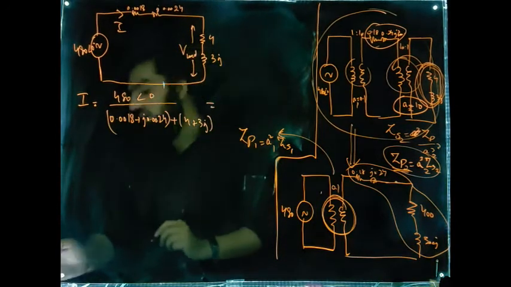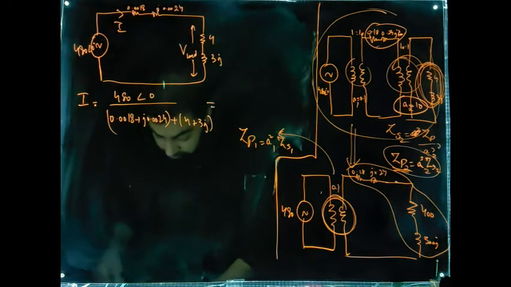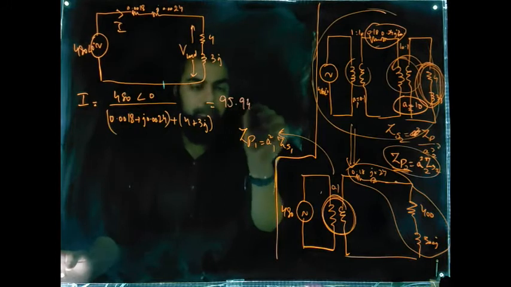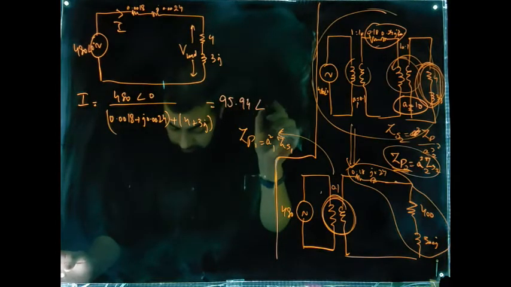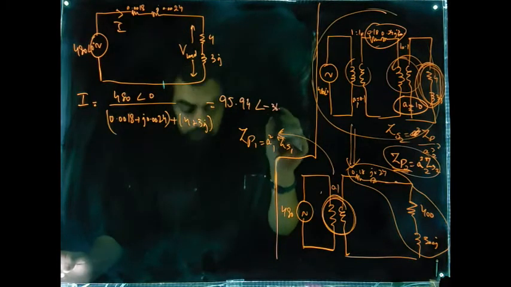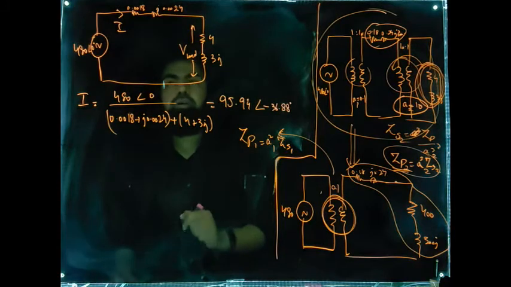So that comes out to be equal to 95.94 angle minus 36.88. Fine, so this is your current now flowing in the circuit.